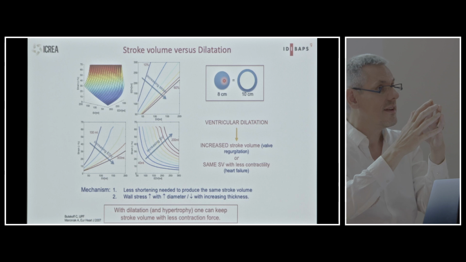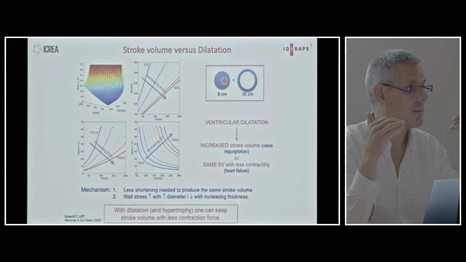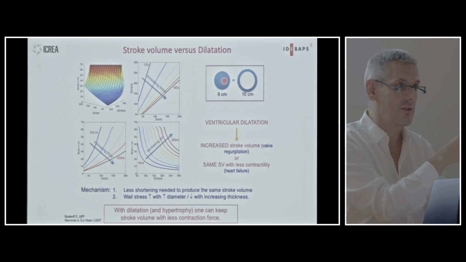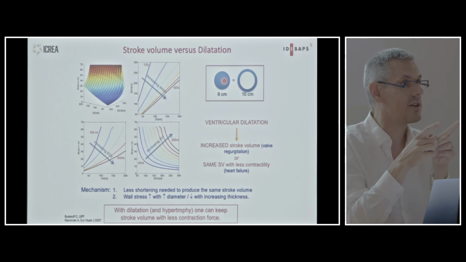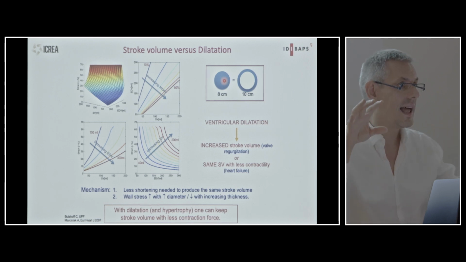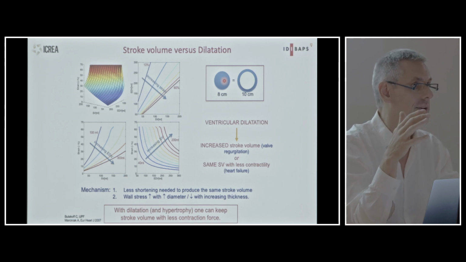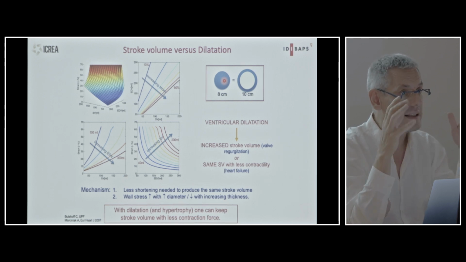If you dilate and you had less strain, you can maintain your stroke volume. So that's why you see dilatation either to cope with volume overload or to cope with a contractility problem. Both dilatation will help in order to generate the stroke volume that is required with the amount of strain that you can do. And this is always intrinsic.